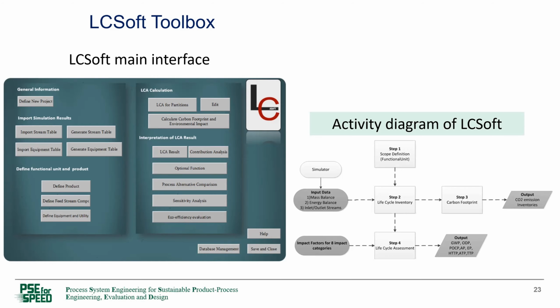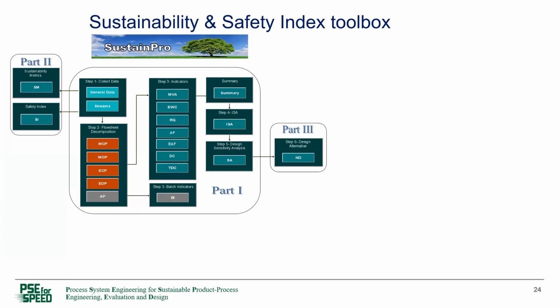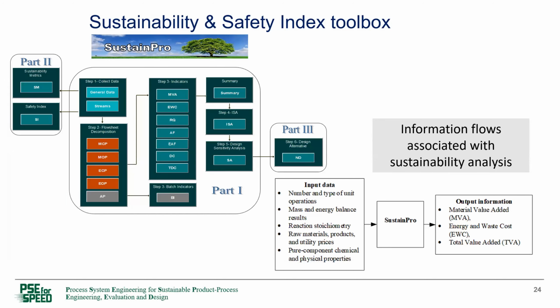And then sustainability and safety. The sustainability does two things, that once we have the process and again all the information, it goes into what you see on the middle, the Sustain Pro. It will find out what are the operational paths, and for those operational paths, did a chemical lose its value?